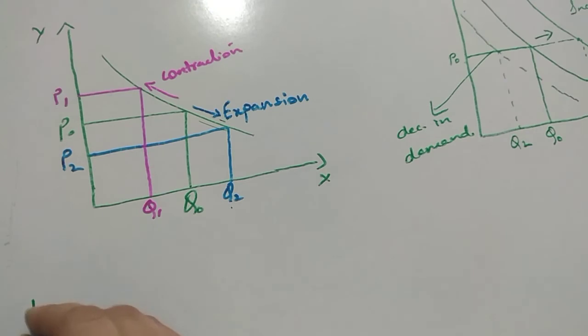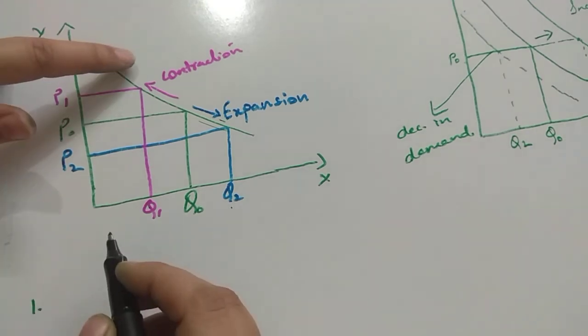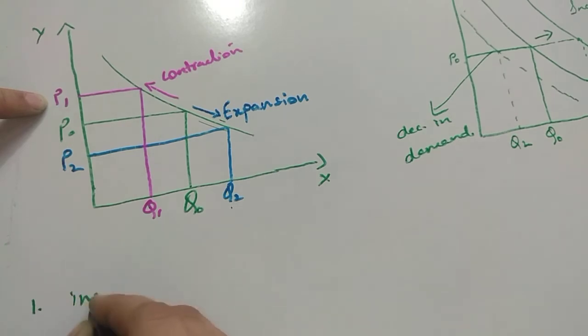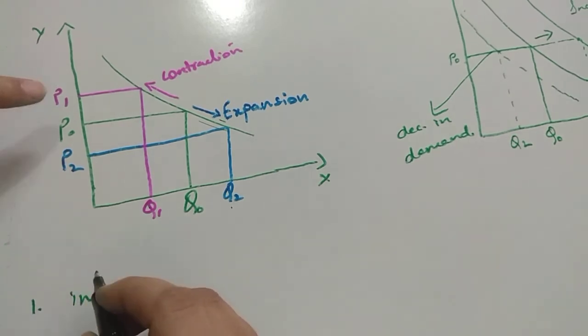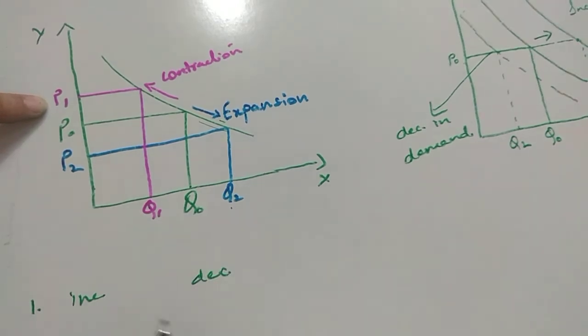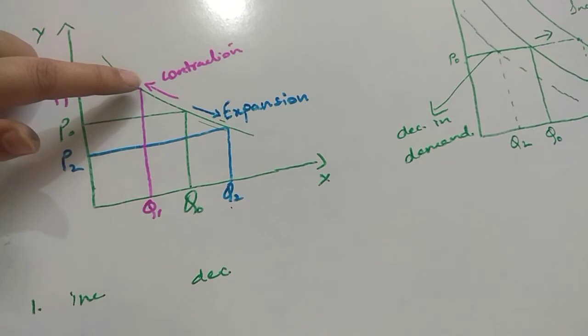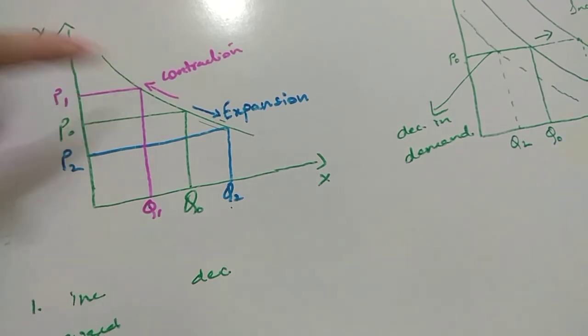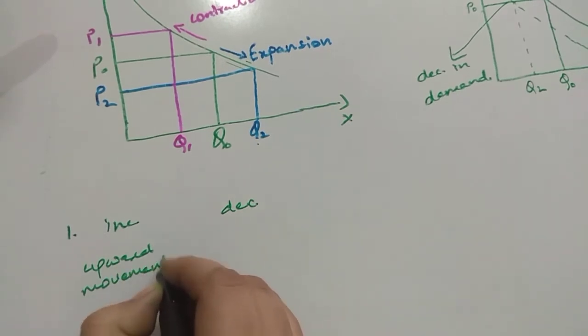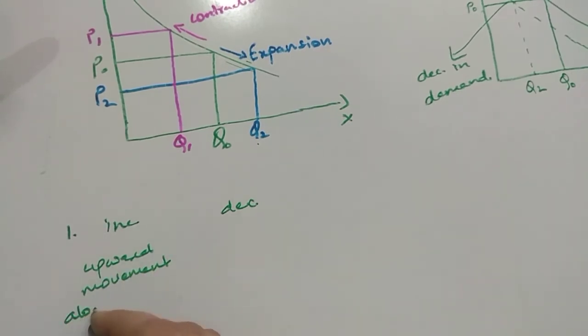The first difference is that contraction takes place because of the increase in price, and expansion is because of the decrease in price. Then contraction is upward movement along the same demand curve.